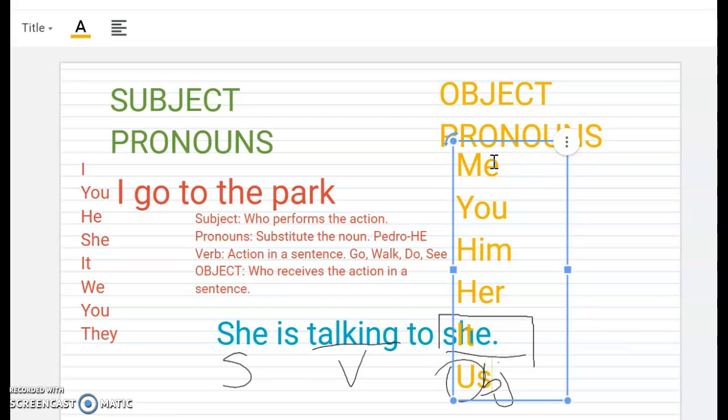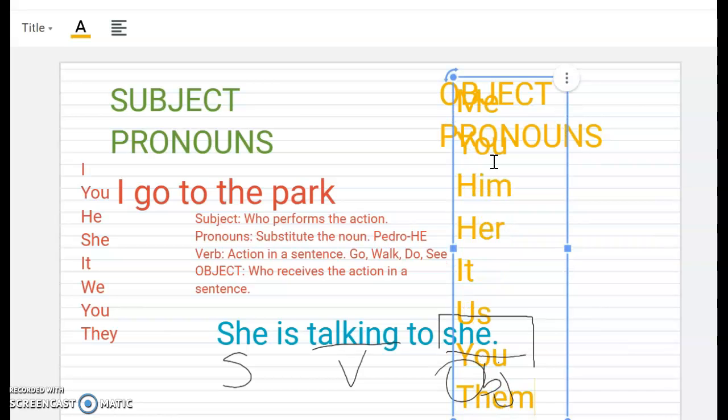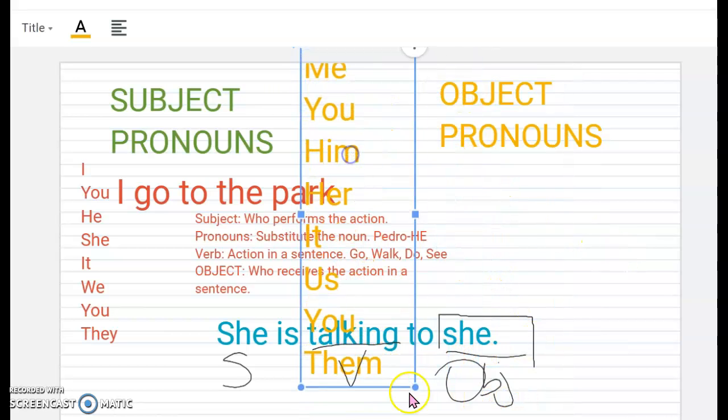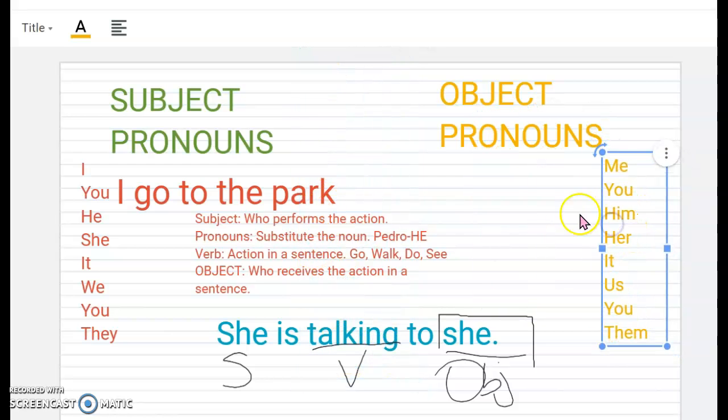We becomes us, you, and they is them. Okay, so these are the object pronouns.